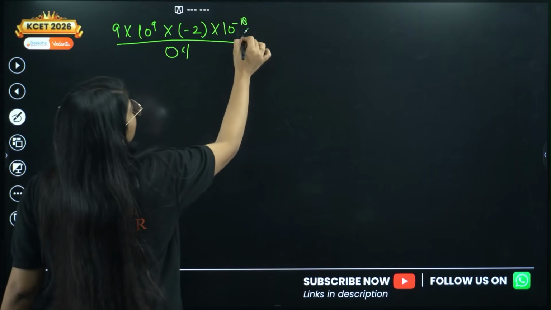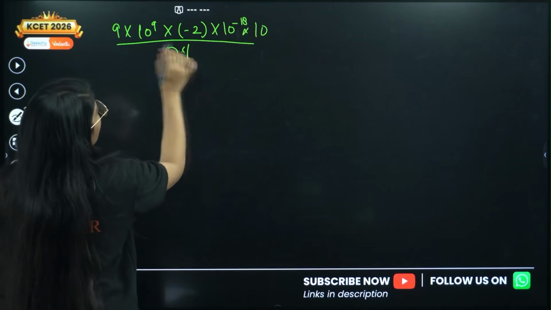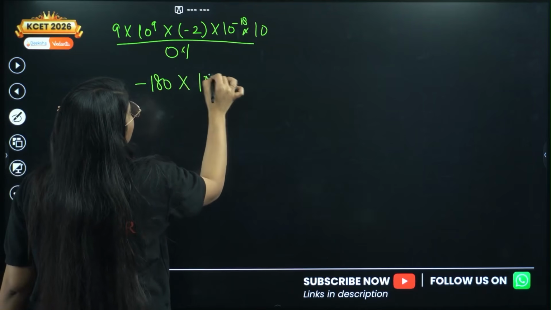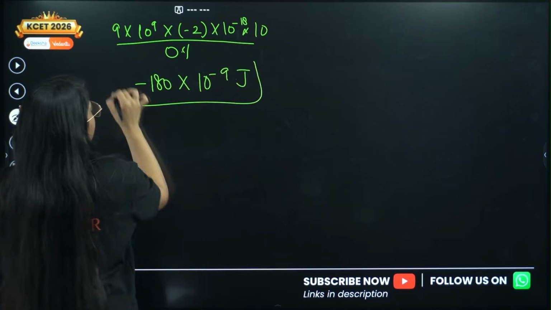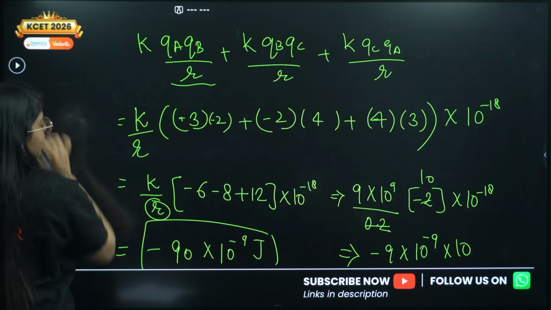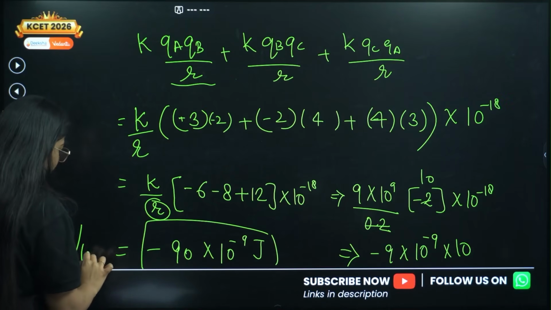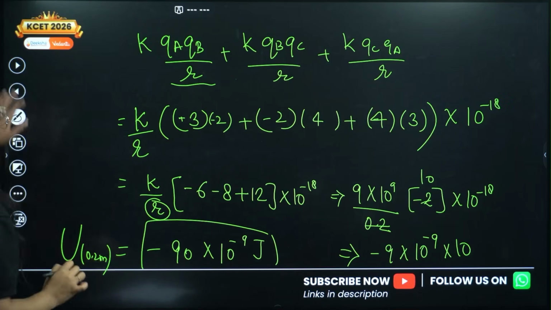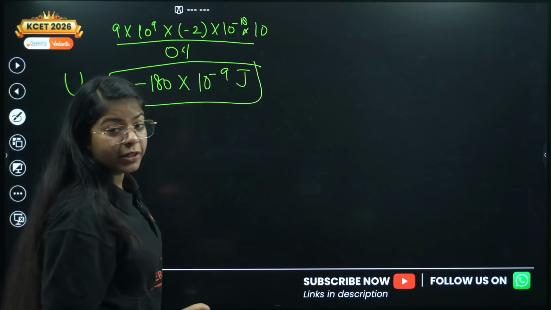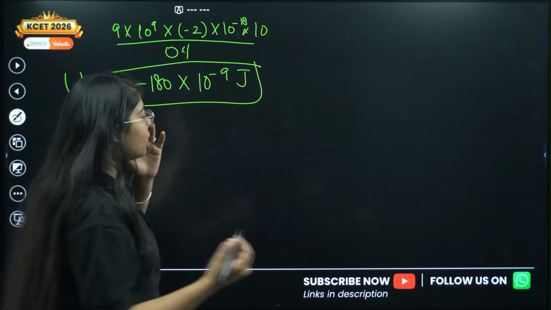That is it. So this will be -180 into 10 raised to the power minus 9 joule. Correct? This is the potential energy at 0.1 meter. This is the potential energy at 0.2 meter. So the work done to move the charge from 0.2 to 0.1 will be what?